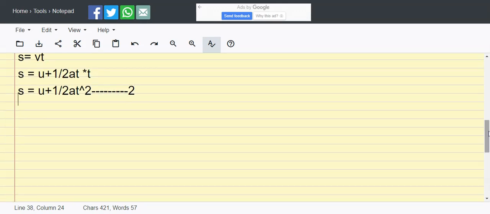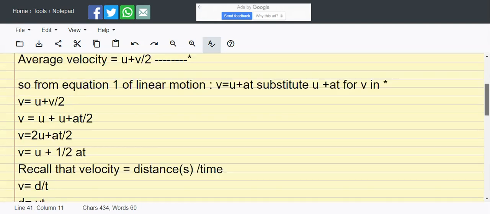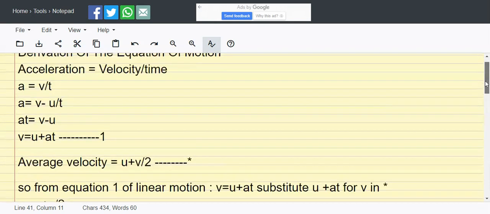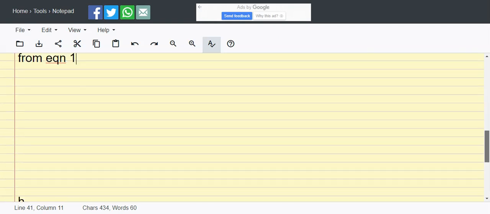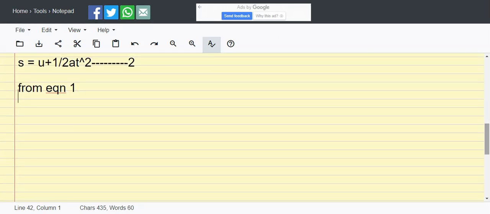Now for the last equation, equation 3, finding it is very simple. From equation 1, which is v equals u plus at, we're going to square both sides.